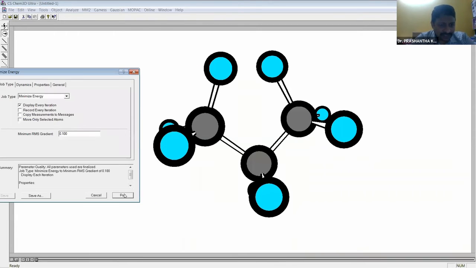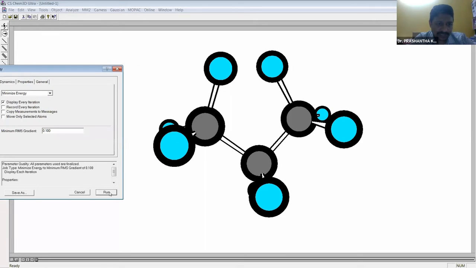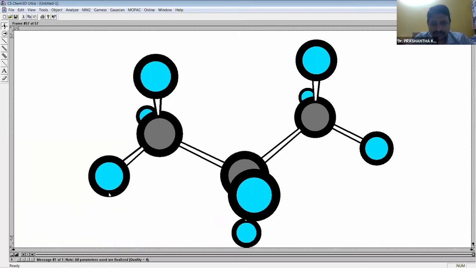The moment I say run, whatever mistakes happened in the ligand, bond length, bond angles, everything gets fixed. It is going to happen quickly. Within a few seconds, the problem is fixed.